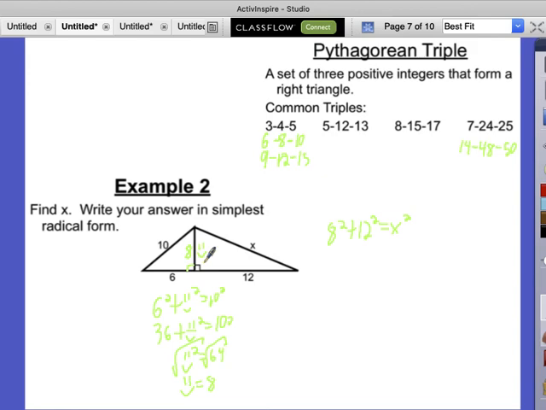Okay, wait, I'm not sure if this is right. It's kind of whack. I don't know what I did wrong.